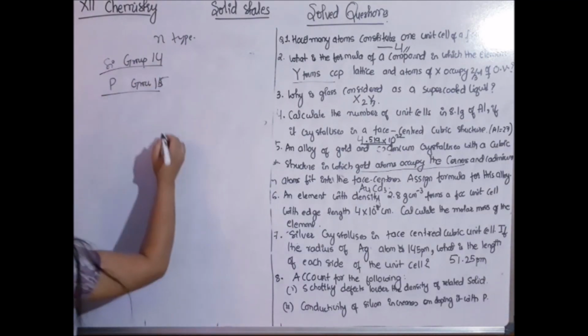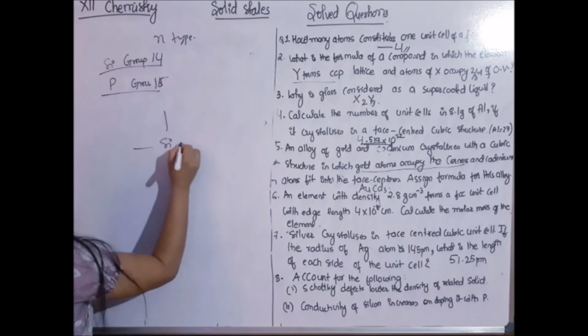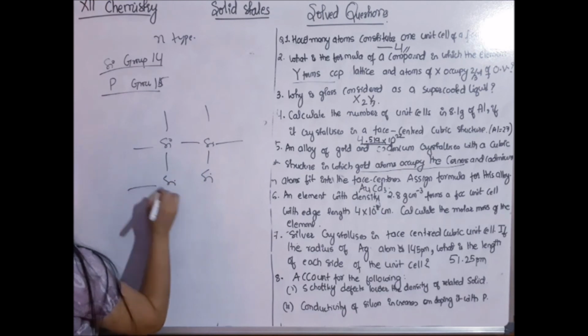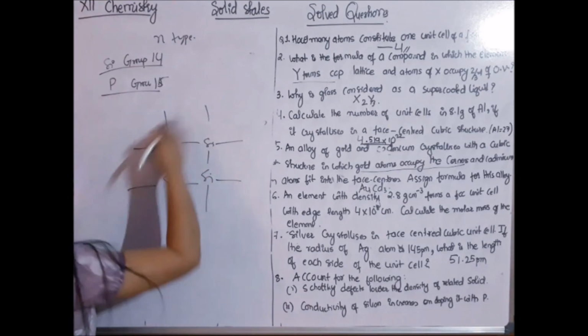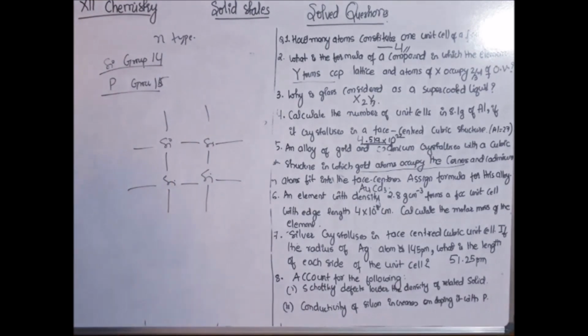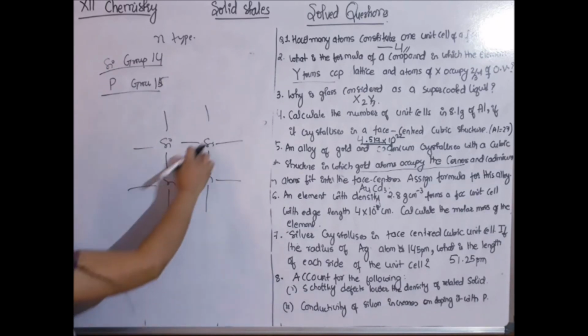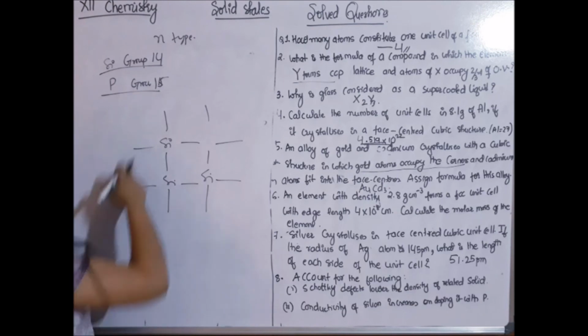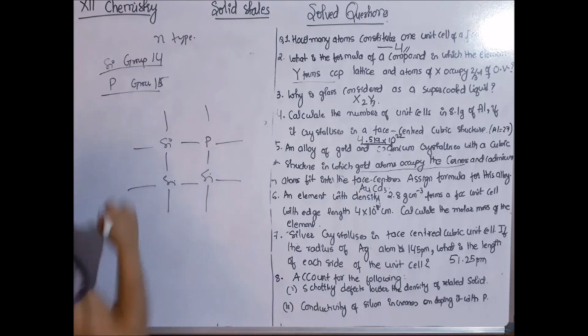What will happen when you dope? If it were only silicon, this is how silicon would be linked with the neighboring silicon atoms. Now after doping, some of the positions of silicon will get replaced by phosphorus.